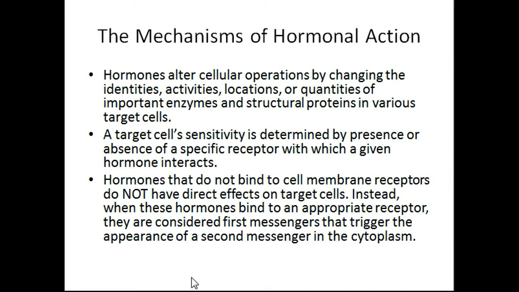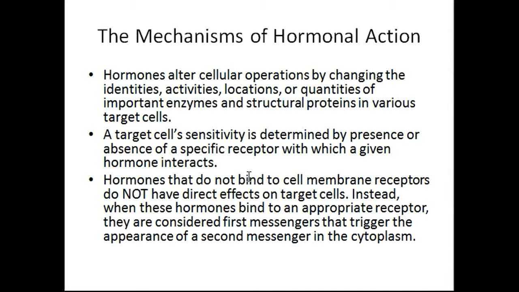Mechanisms of hormones. Hormones alter cellular operations by changing the identities, activities, locations, or quantities of important enzymes and structural proteins in various target cells. A target cell's sensitivity is determined by the presence or absence of a specific receptor with which a given hormone interacts.